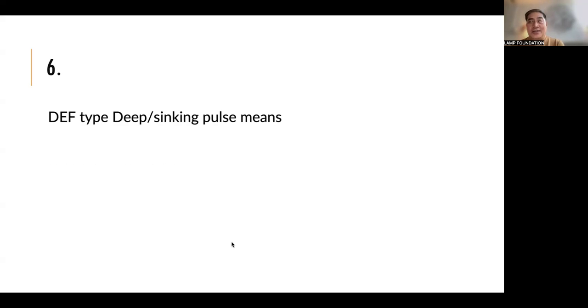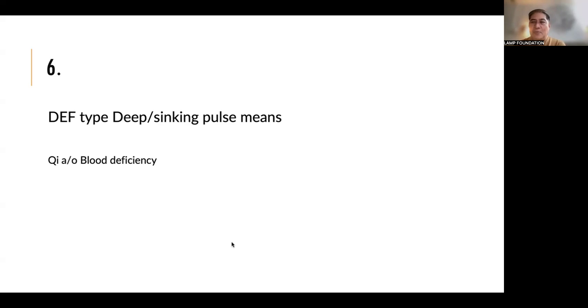Okay, deep sinking pulse and it's deficient. What comes into your mind right away? Interior deficiency, or chi deficiency, or yang deficiency, or blood deficiency. Yeah, pwede. I think I would be more inclined to use chi. So you have to look at the tongue, no?